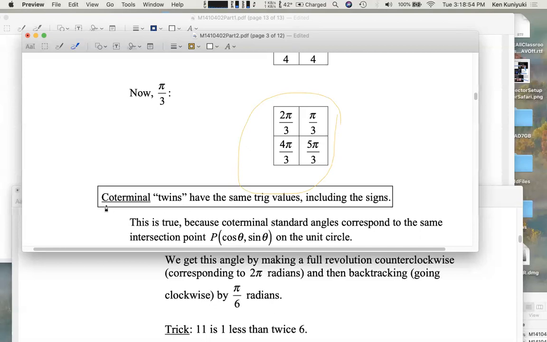Even the ones that aren't necessarily coterminal in the same quadrant. Well, here's the thing. It turns out that all these angles in the same family, all these brothers, are going to have the same trig values, the same sine value, the same cosine value, the same tangent value, and so on, in absolute value, meaning up to the signs. The trig values could actually differ by signs.